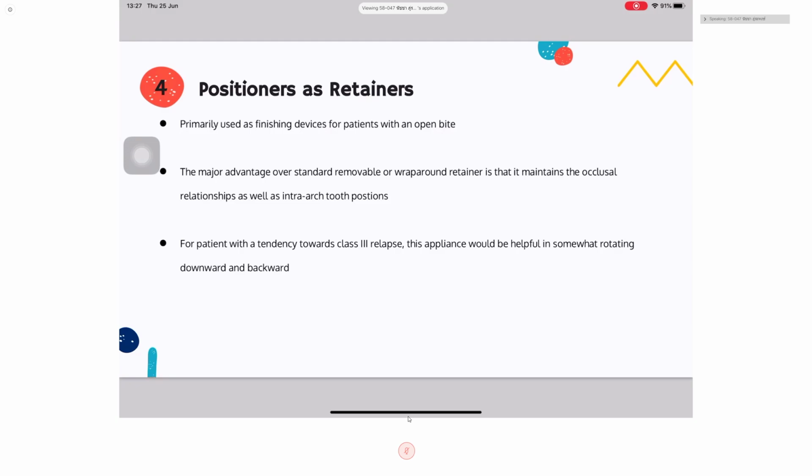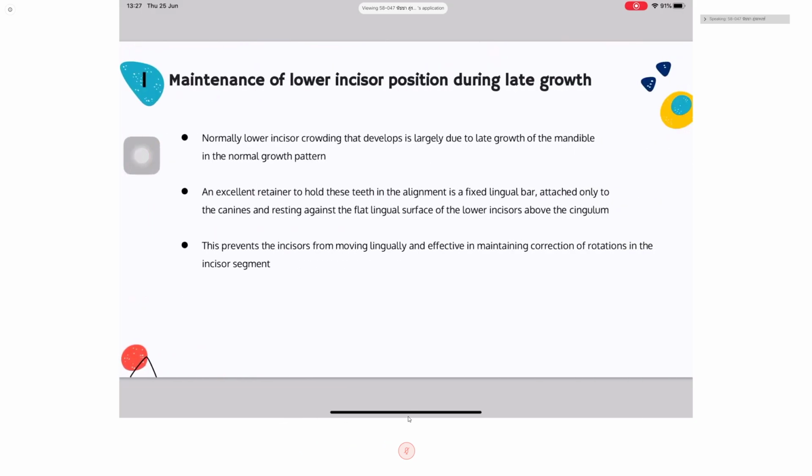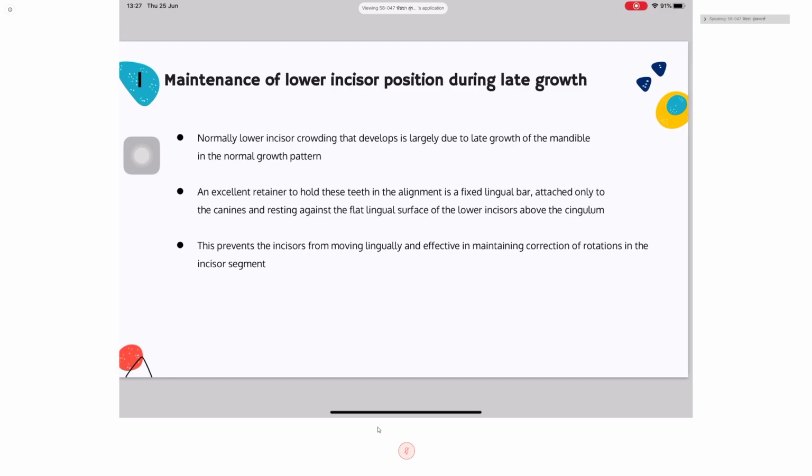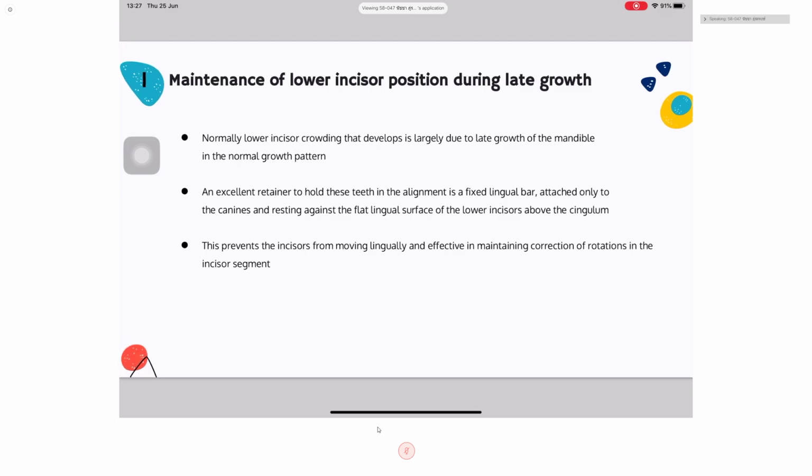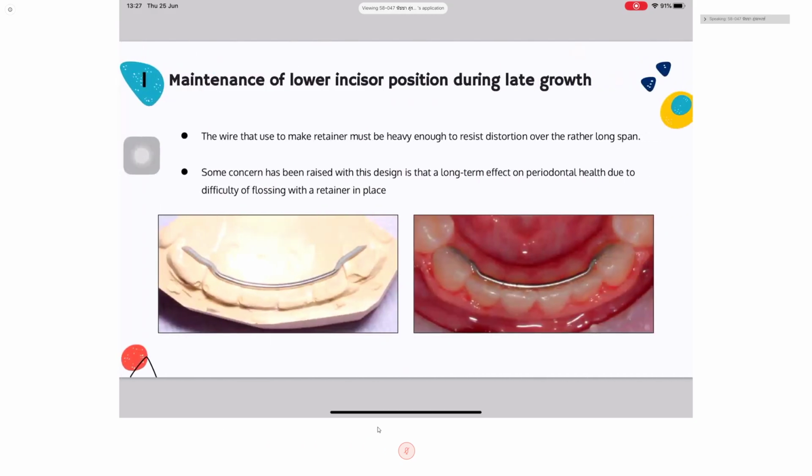Fixed retainer. A fixed retainer is used to maintain lower incisor position during late growth. Normally, lower incisor crowding that develops is largely due to late growth of the mandible in the normal growth pattern. An excellent retainer to hold these teeth in alignment is a fixed lingual bar, attached only from canine to canine and resting against the flat lingual surface of the lower incisors above the cingulum.